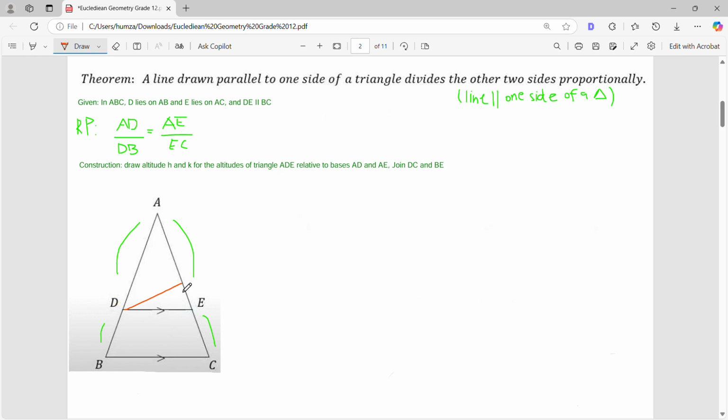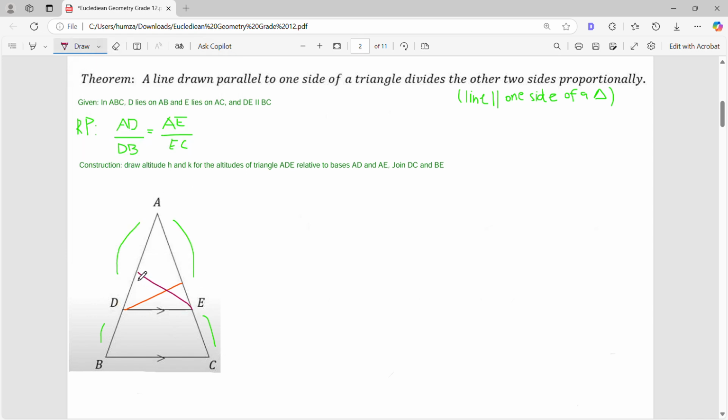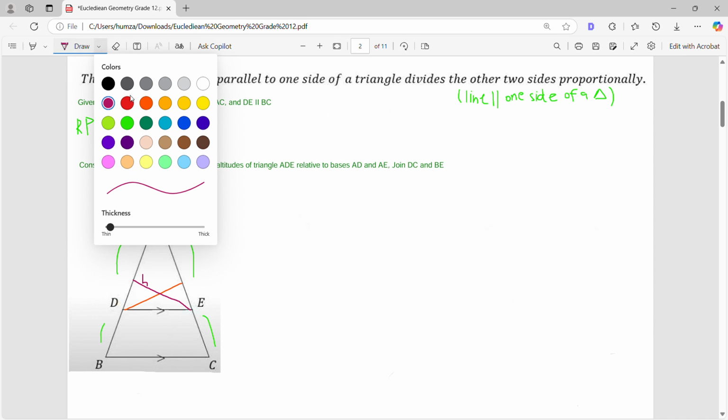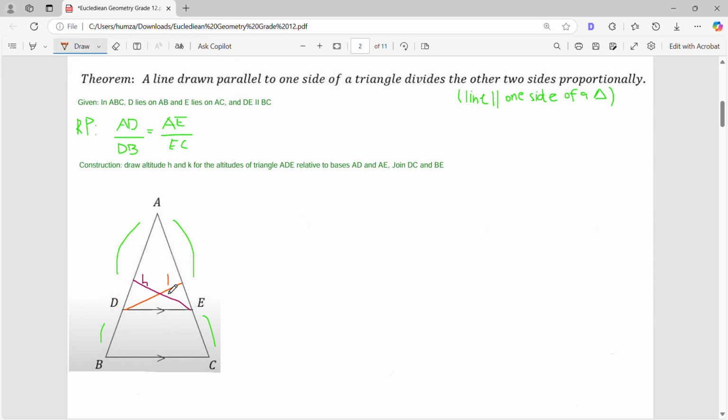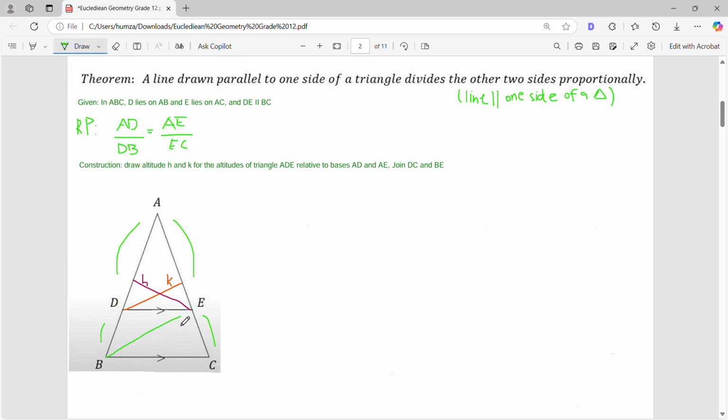So this goes here, and this goes here, right? And this is your h and this is your k. Now we drew this. Now we have to draw the same thing for the other base, and we can join them.